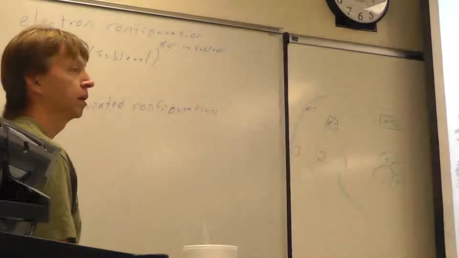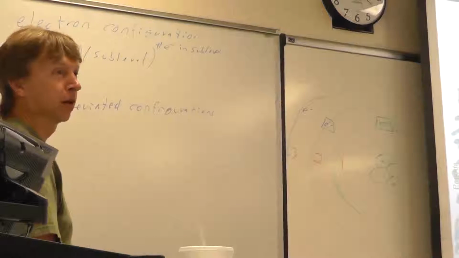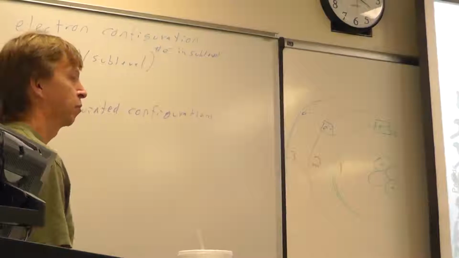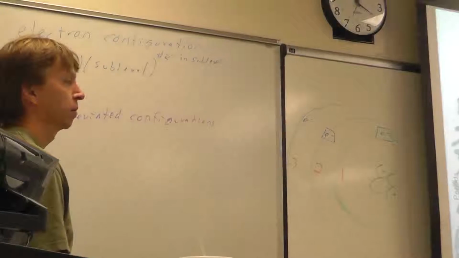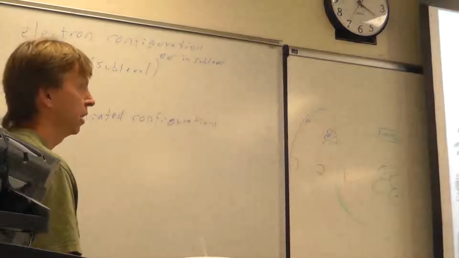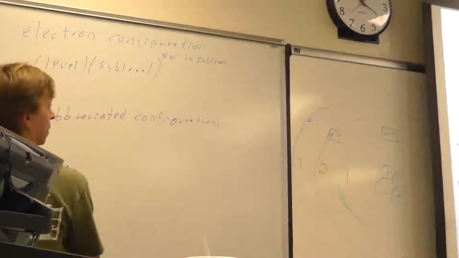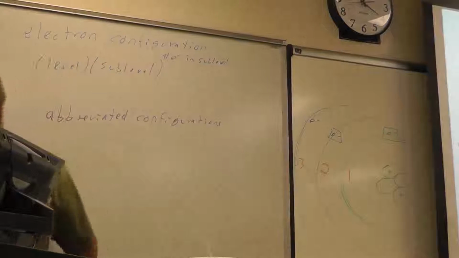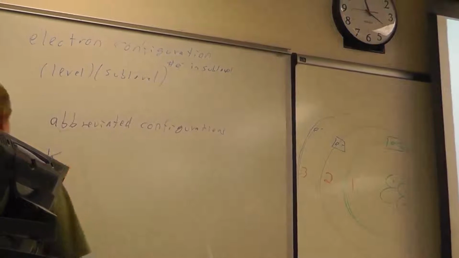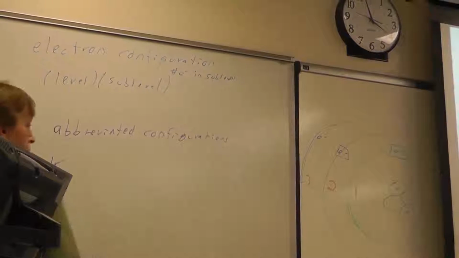You don't want to do uranium like that with 92 electrons. That would take up 2 lines of paper probably. It would be nice to be able to abbreviate them. And using the periodic table, you can. And for abbreviated ones, just look back at potassium and arsenic.